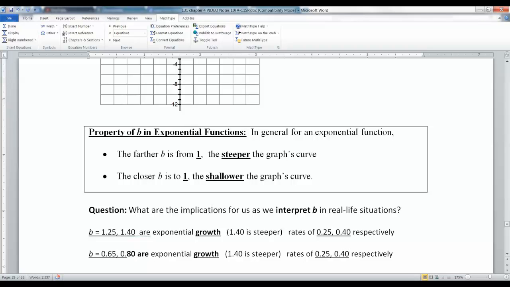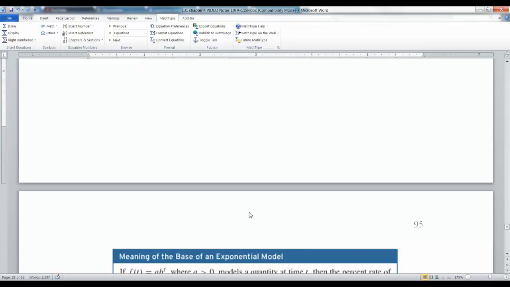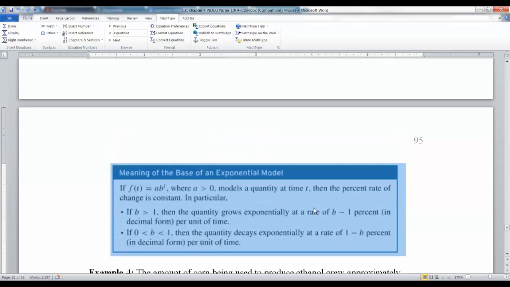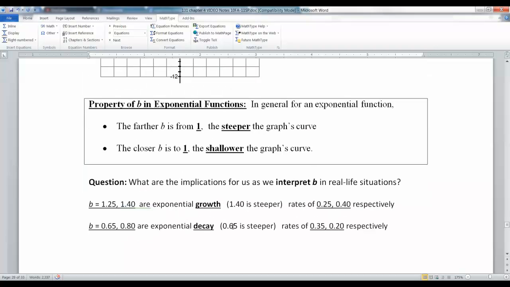Now who's steeper? Well, it's got to be the 0.65. Now here's why. They have exponential decay, right, at a rate of 35% and 20% because you take it away from 1. That's what we were just talking about on the previous page. So with the decay, you subtract from 1, right?